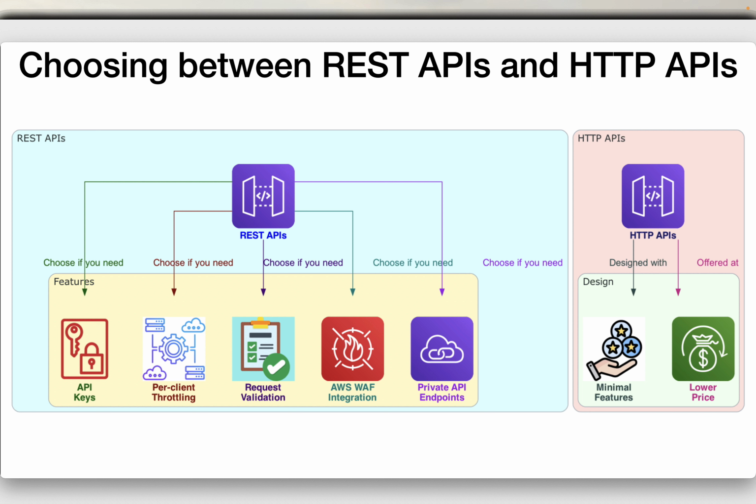Choose REST APIs if you need features such as API keys, per client throttling, request validation, AWS WAF integration, or private endpoints. So if you need these features, go with REST APIs. Choose HTTP APIs if you don't need those features included with REST APIs. So price is lower and features are less.